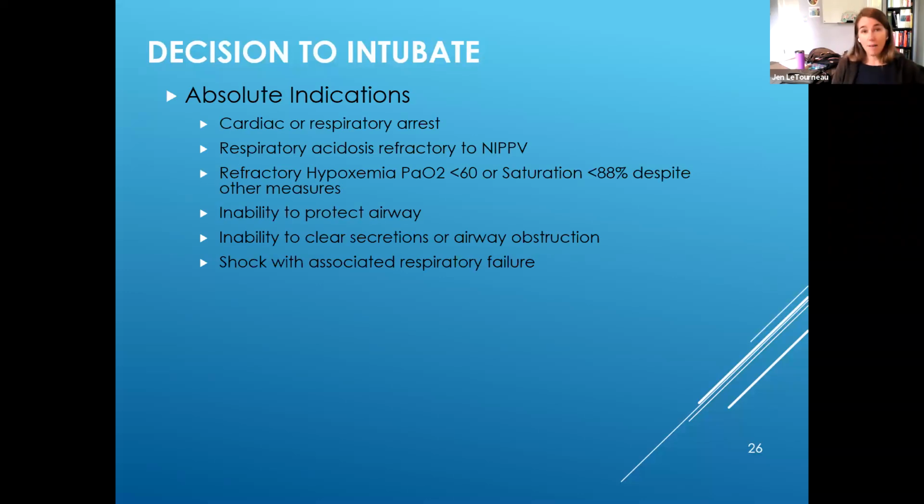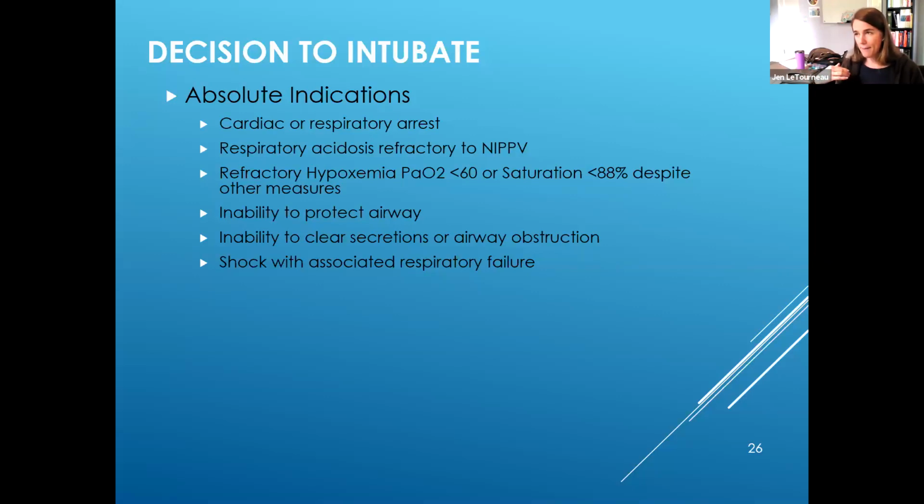So there are absolute indications, right? So people have had arrest. Clearly, that's a reason. If they have respiratory acidosis that's refractory to non-invasive positive pressure ventilation, and I'm going to say the caveat to that is refractory acidosis with mental status changes. It is not infrequent that you'll be on the ward and somebody has a blood gas that looks terrible, or you'll be in the emergency department and their blood gas looks terrible.